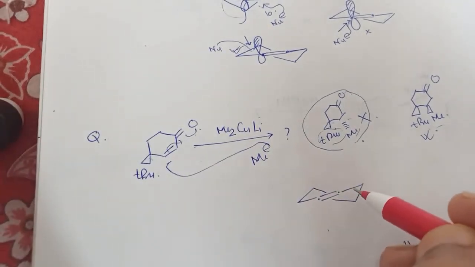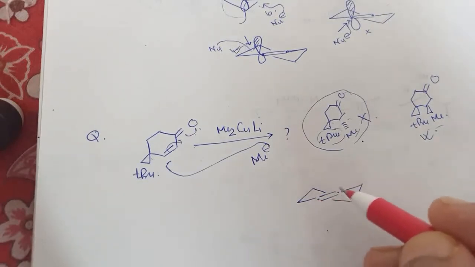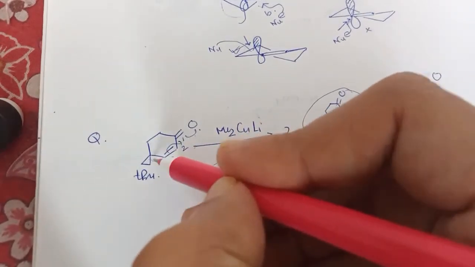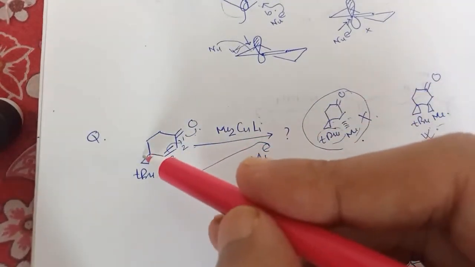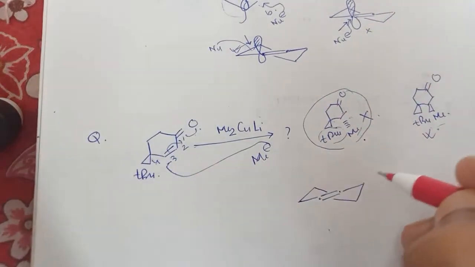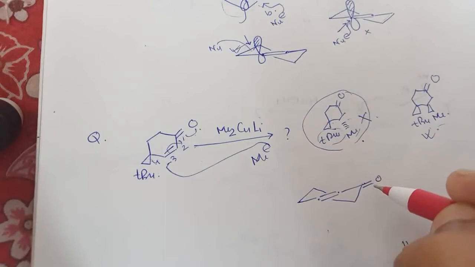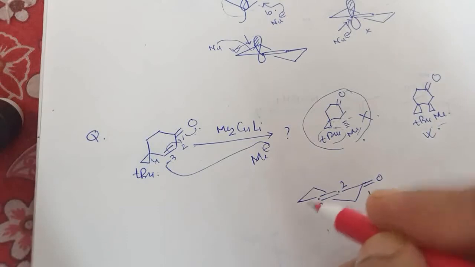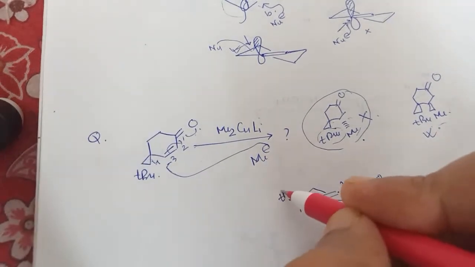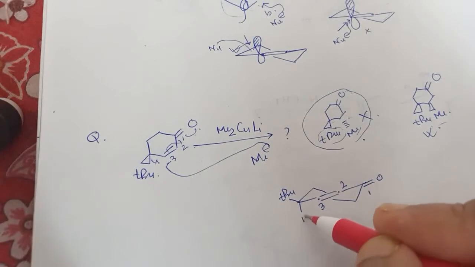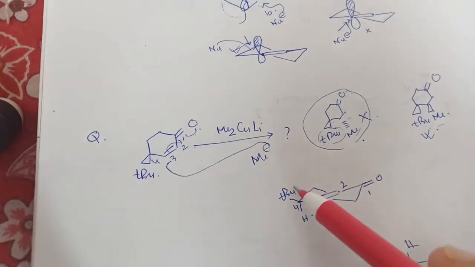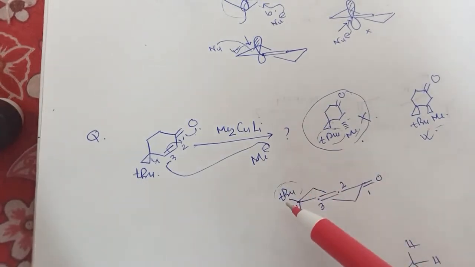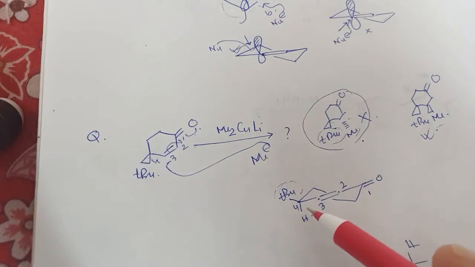So this is cyclohexane in half chair form. If we number it 1, 2, 3, 4, tertiary butyl is at the 4th position, and this is the carbonyl. If you make it 1, then 1, 2, 3, and this is 4. Here you can see the tertiary butyl group is at the equatorial position because it is bulky. It cannot be placed at the axial.